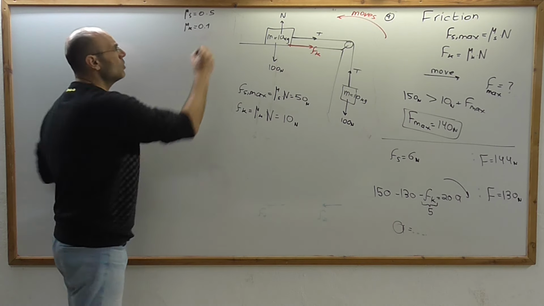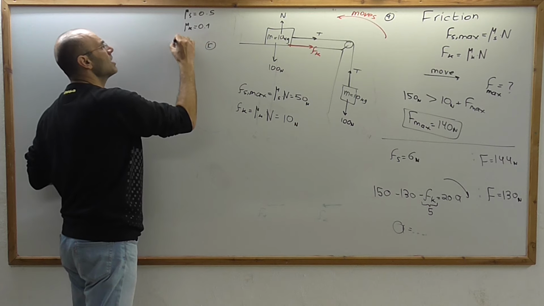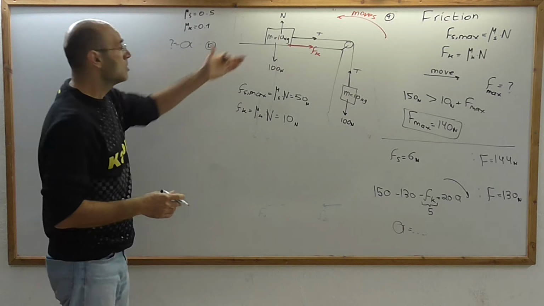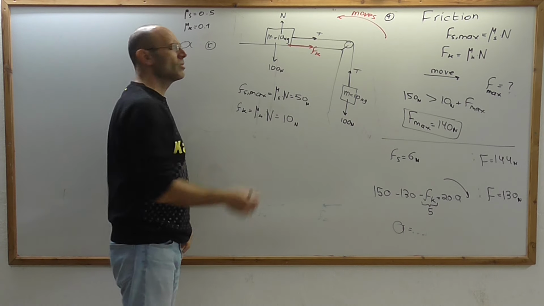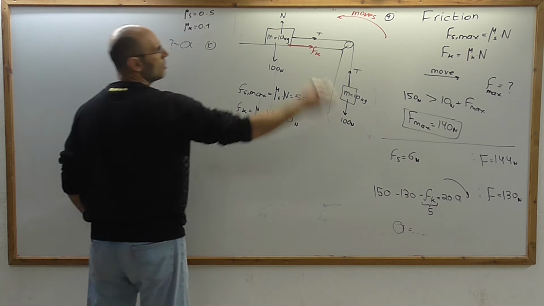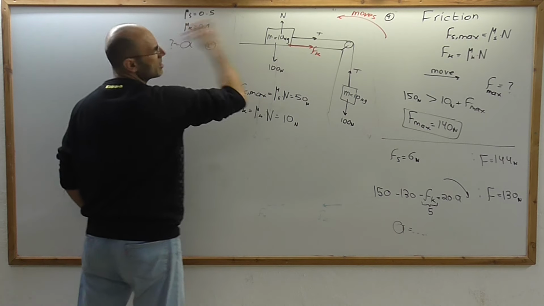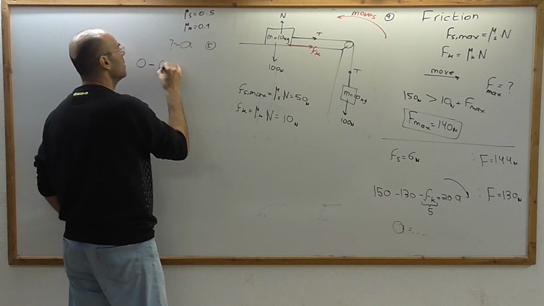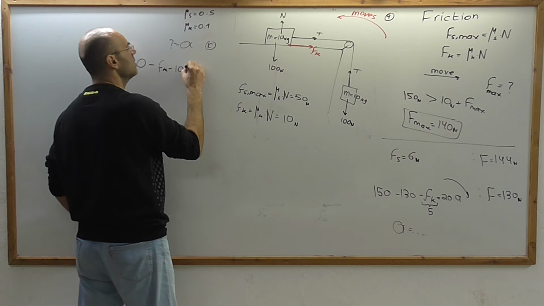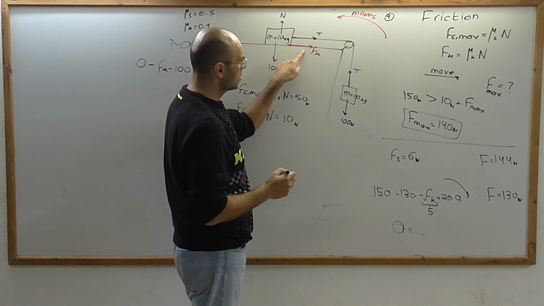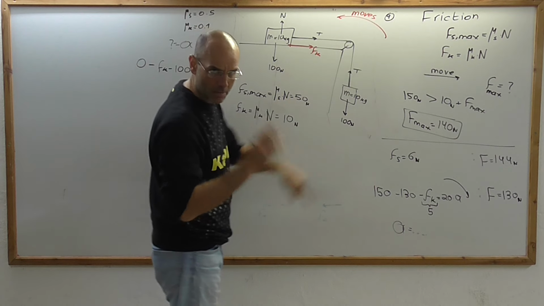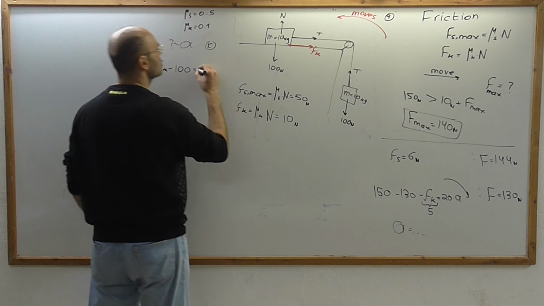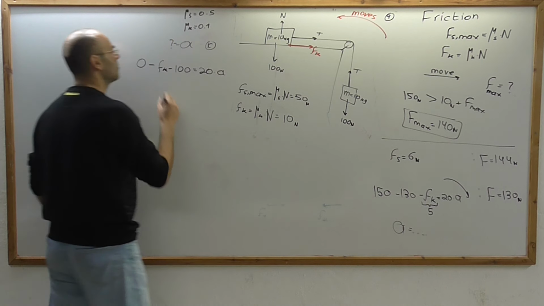So the first question I want to ask: what's the acceleration until it stops? Okay, I can look at it as a whole. If I look at the system as a whole, I write: all the forces from here, minus Fk, minus 100, T I neglect because it is an internal force, equals the mass of the system, which is 20, multiplied by a.